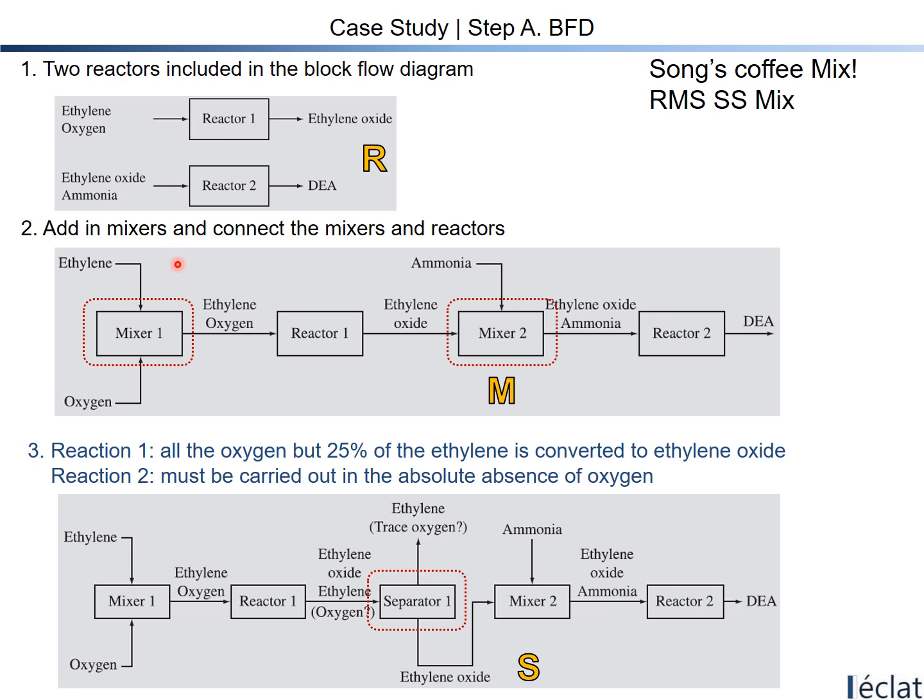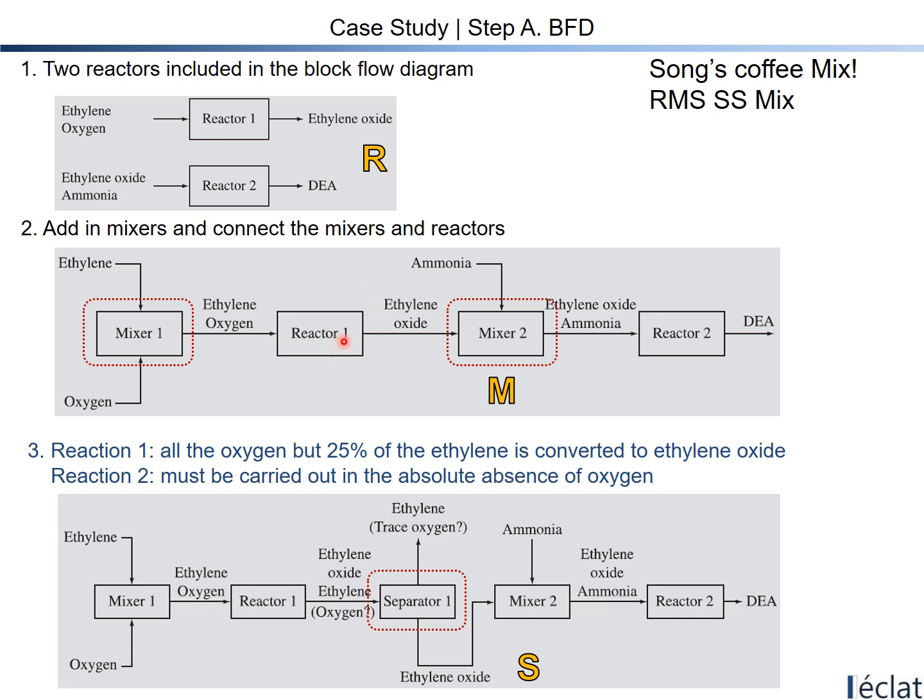And then it's time to add mixers and connect the mixers and reactors. So we have the first reactor, then you should place mixer 1 in front of reactor 1. In the same way, we need to have mixer 2 in front of reactor 2. So ethylene and oxygen are introduced into mixer 1, then the mixture of those two is introduced into reactor 1.